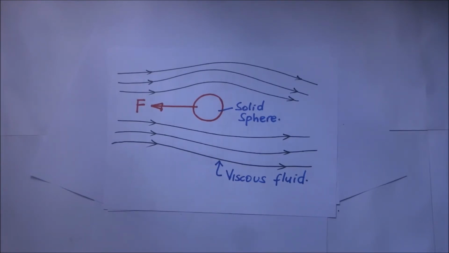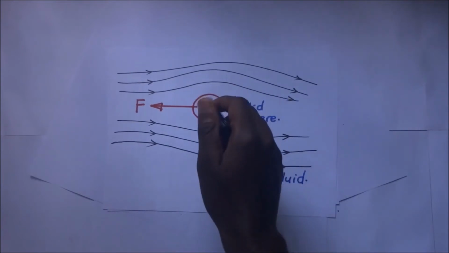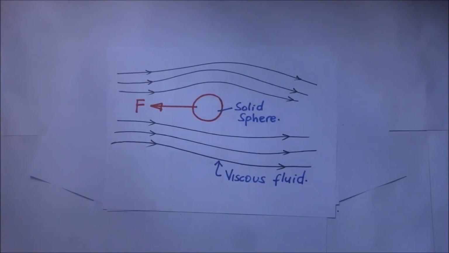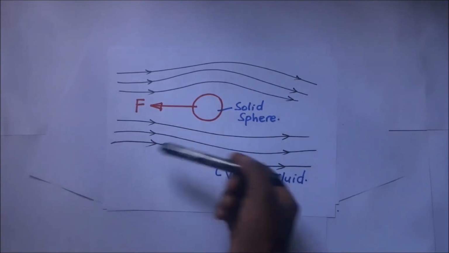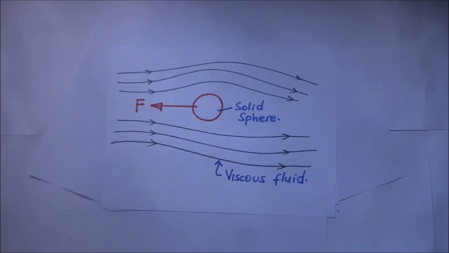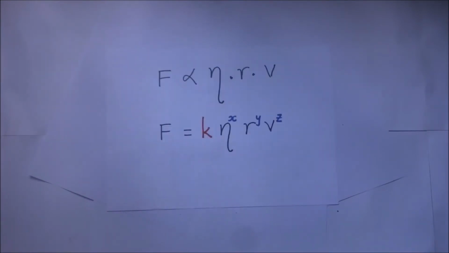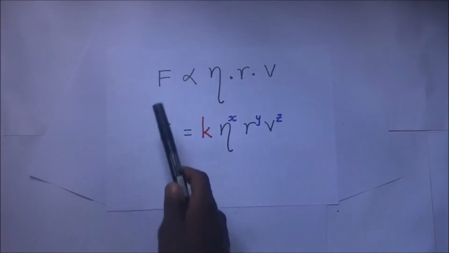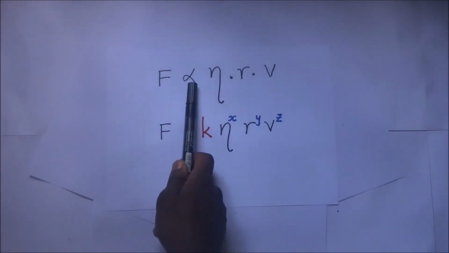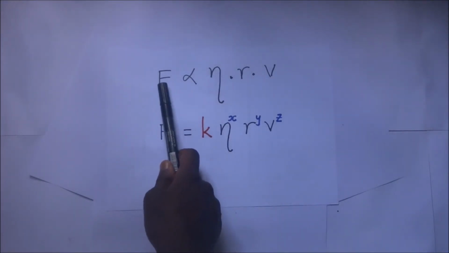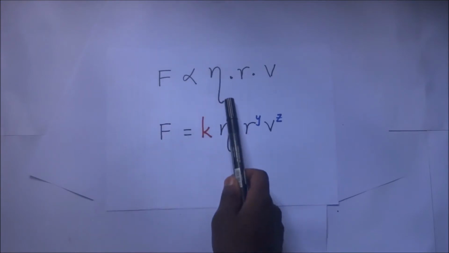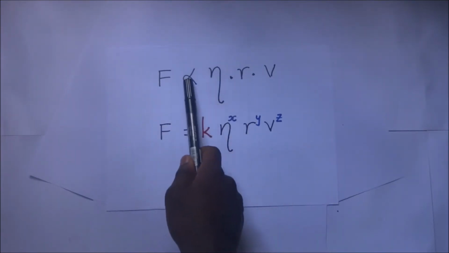Those three parameters that I've talked about that affect the viscous drag, which are the coefficient of viscosity, the size of the body flowing through the viscous fluid, and the velocity of the body, are the basis for what we call Stokes' law. Combining those factors, the viscous force or viscous drag is directly proportional to the coefficient of viscosity.